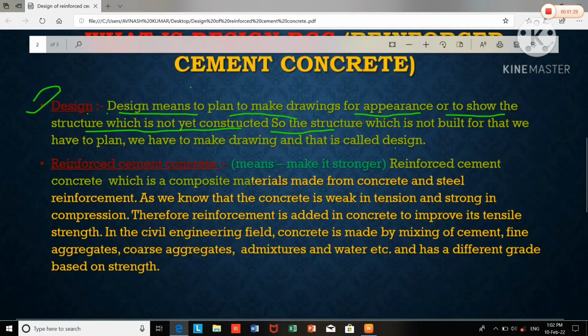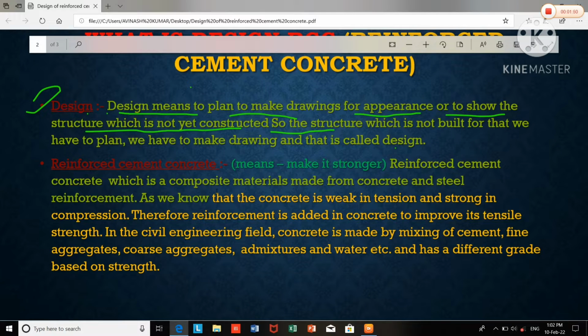And second one is reinforced cement concrete, means make it stronger. According to Oxford Dictionary, reinforced cement concrete is a composite material made from concrete and steel.